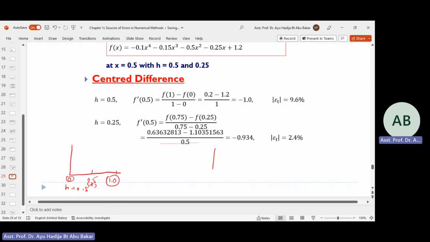For h equals to 0.25, different scale. So you will have x is 0.5, 0.75, and 0.25. Okay, so you will get something like this. So this is your figure in between these two.